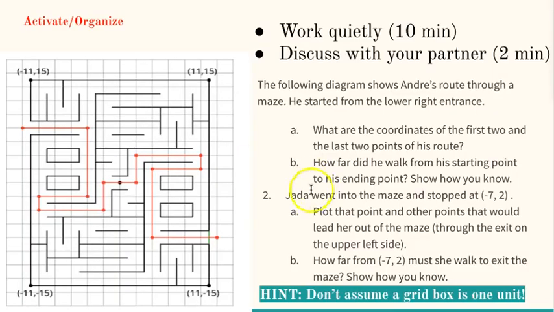All right, so take a look at this diagram of this maze. It shows Andre's route through this maze. He started down here on the lower right and exited up here. So what are the coordinates of the first 2 and last 2 points of his route?